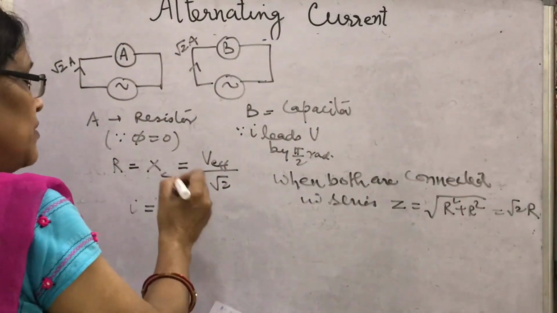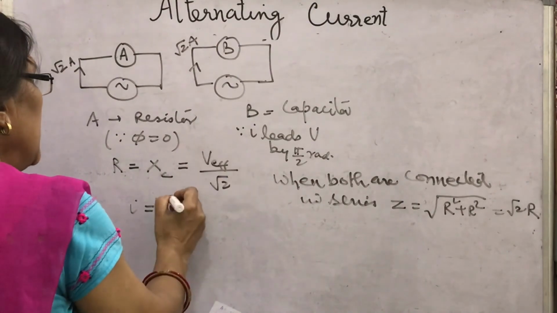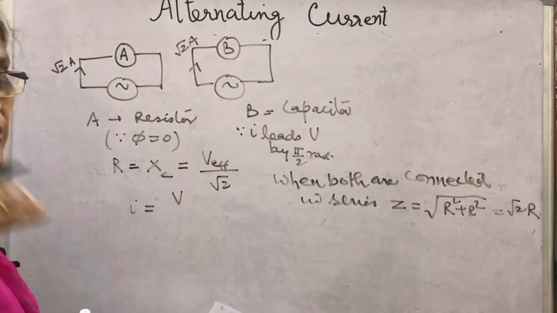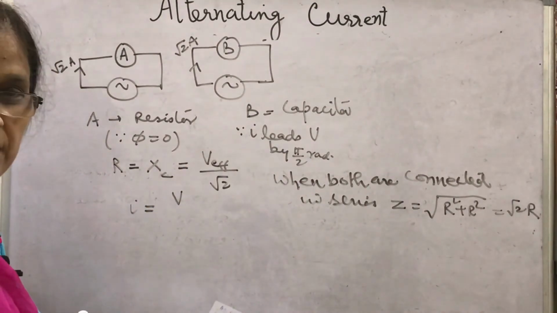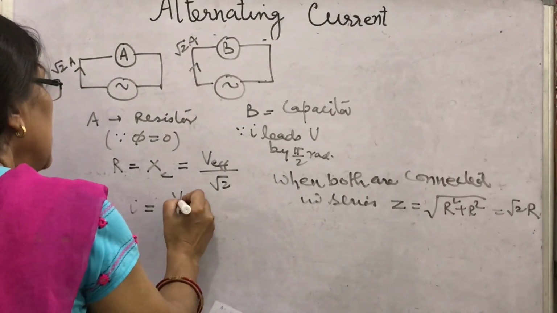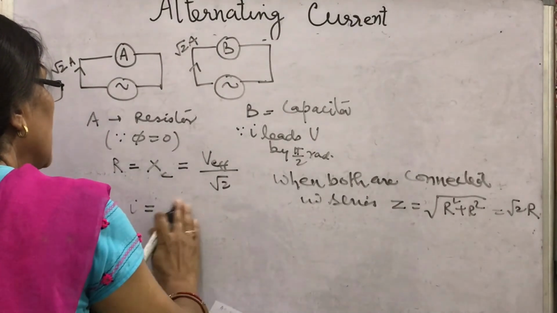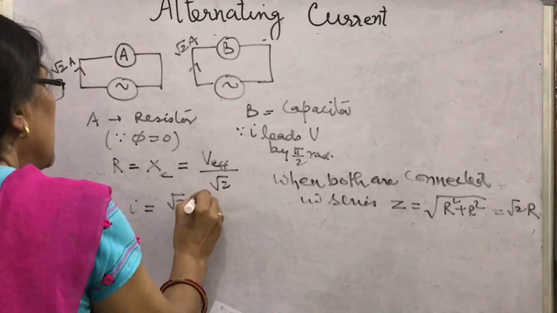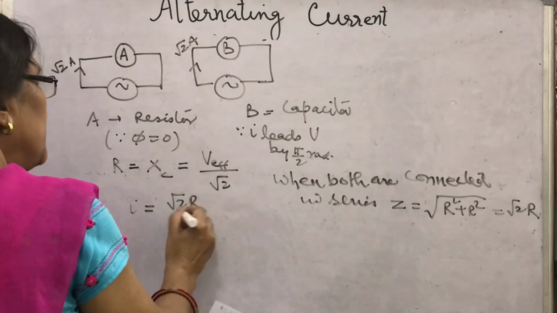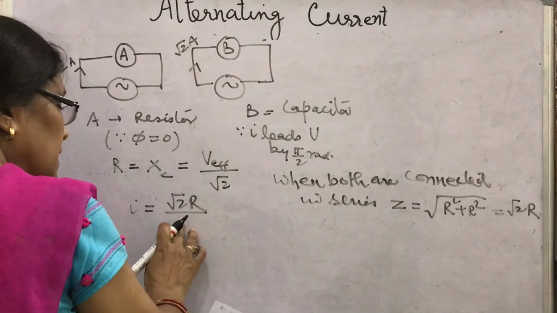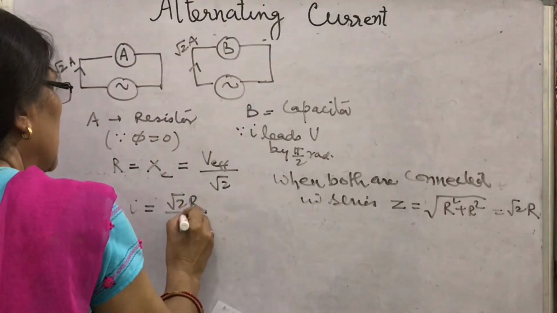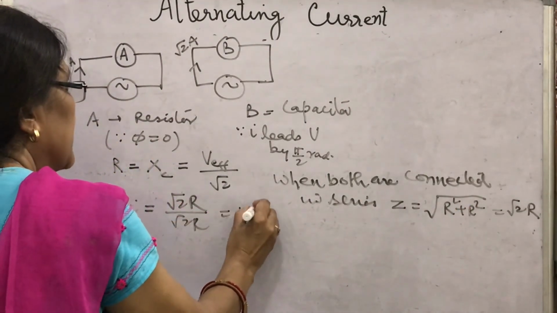Therefore I will be V effective upon Z. You know what will be V effective? Root 2R. Upon Z. What is Z? Root 2R. That is 1 ampere.